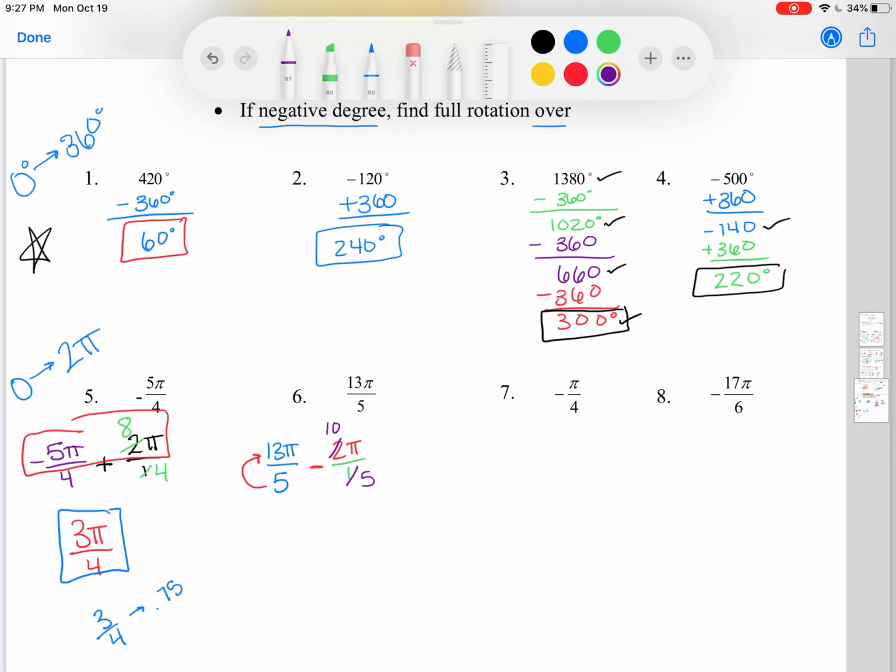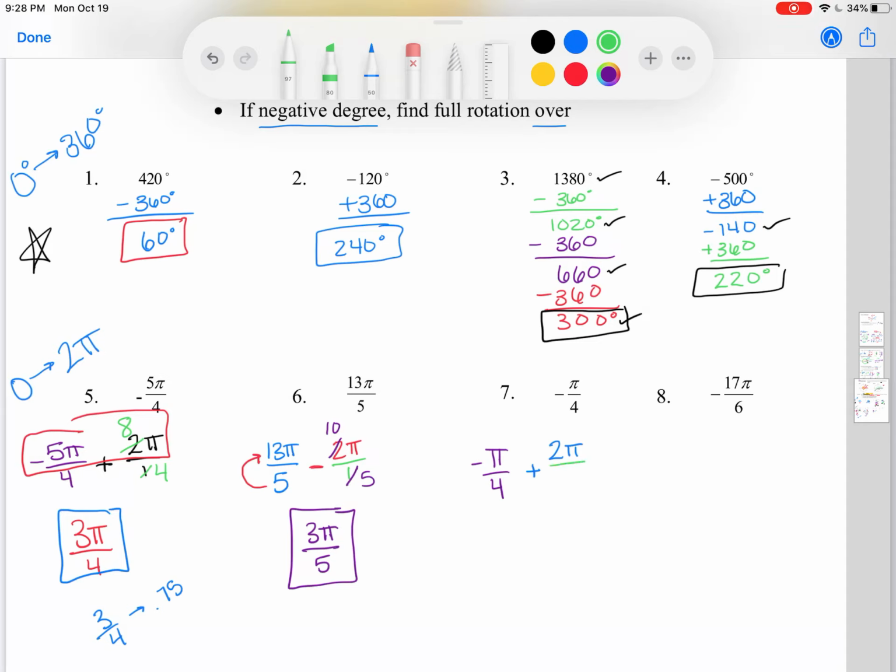Because it can go in 2 times, you can take those 2 times out by subtracting your full rotation. Same thing, get the same denominator, and then we can subtract. 13 pi minus 10 pi is going to give me a 3 pi over 5. Again, 3 over 5 is still less than 2, so we are good to circle our answer.